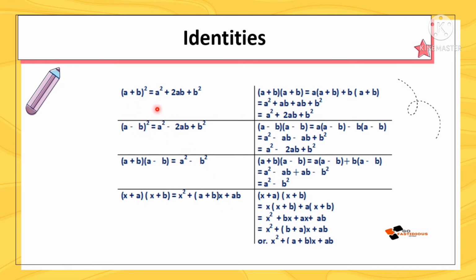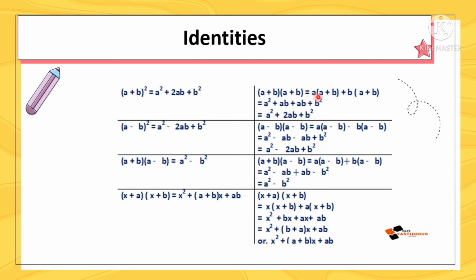Let's see the first identity, which is a plus b whole square. Now a plus b whole square can be written as a plus b, 2 times a plus b, right? Now look at this a plus b and a plus b, multiplication of binomial by binomial. First a will multiply it by a plus b, then b will multiply it by a plus b.